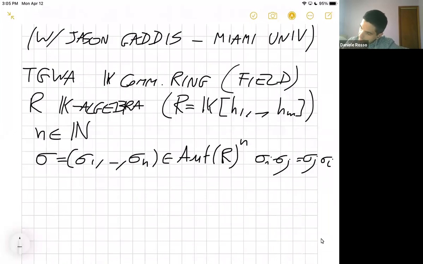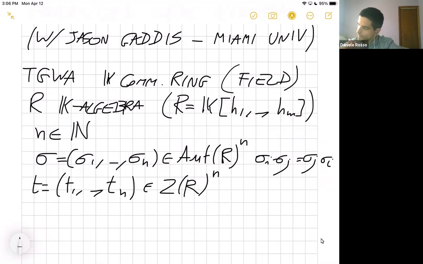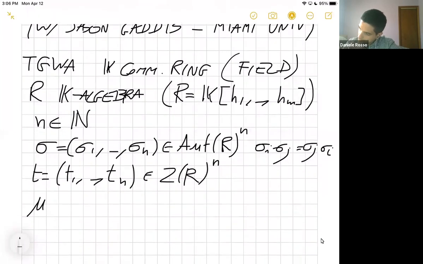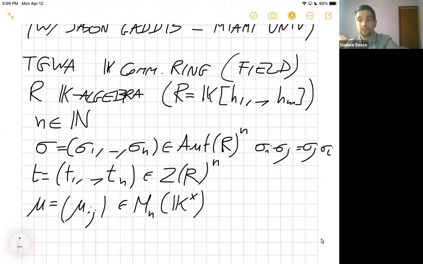And then t is an n-tuple of elements of the center of R. And then I'm also going to need some scalar parameters, mu. So mu_ij is an n by n matrix of invertible elements from the base field K or base ring K.